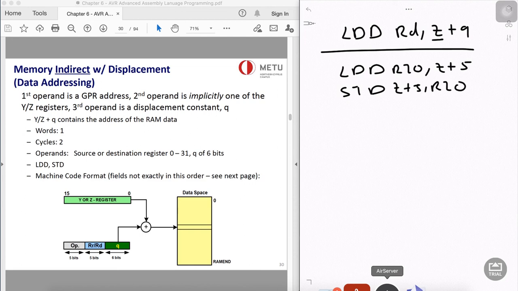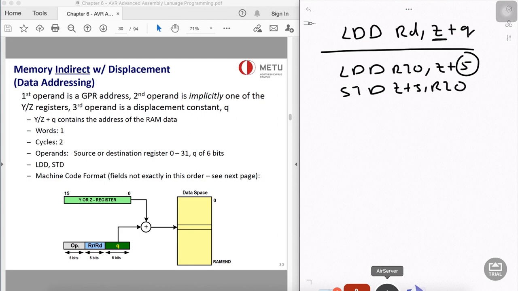So Z is the address which it is pointing to, which we already gave a couple of examples, plus 5 from that address after the location Z is pointing to.